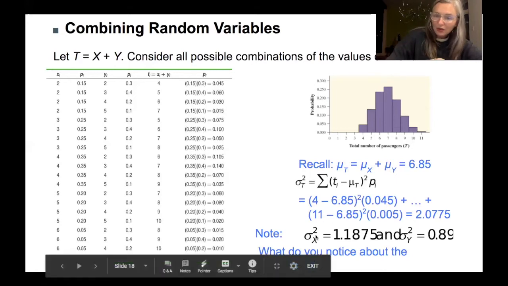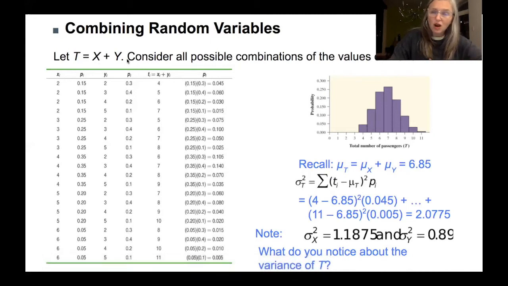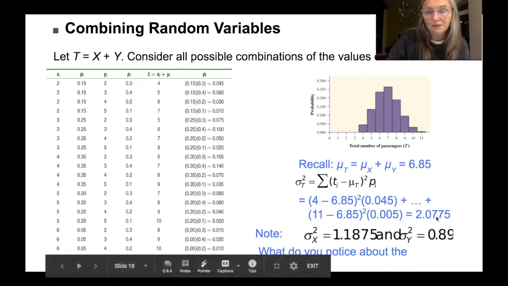But if I think about the standard deviation of X and the standard deviation of Y, I don't remember the people's names now because I'm being an airhead. And I think about those standard deviations, I try to add them together. I'm not going to get the square root of this, okay? But the variance of X is 1.187, and the variance of Y is 0.89.